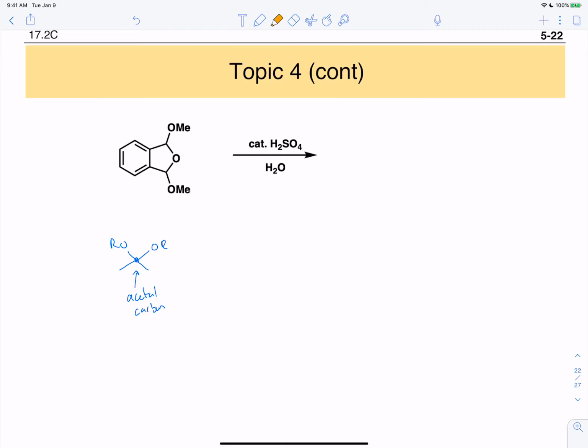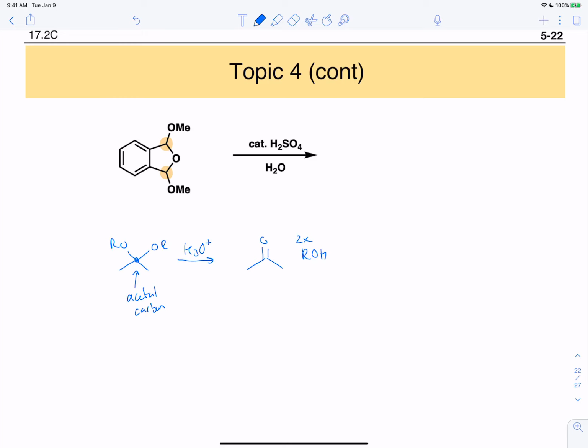And so the first part of these reactions is to identify what is the acetal carbon. We see we have two different acetal carbons. And when we hydrolyze an acetal, we end up making the carbonyl from where that carbon used to be, and you'd end up making two equivalents of the alcohol.